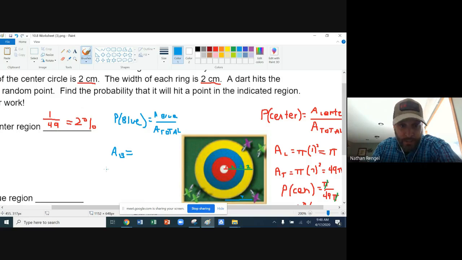So that would be pi times 5 squared minus pi times 3 squared. The 5 squared represents the radius all the way out to the blue ring. The 3 represents the radius of the red and white circle. That's 25 pi minus 9 pi, which is equal to 16 pi. So that's the area of my blue region.